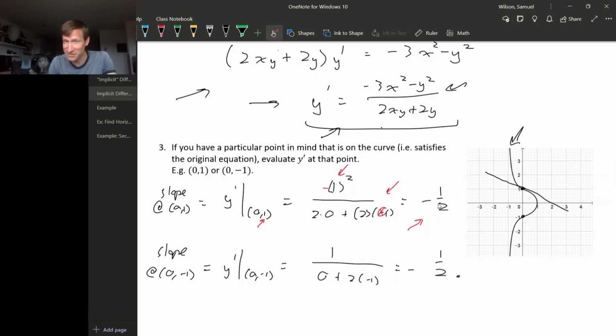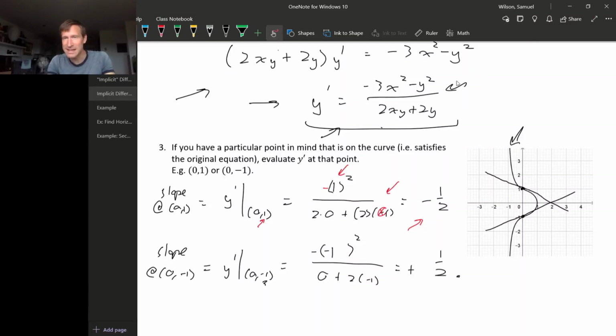So that's still minus 1/2. But, okay, now we're plugging minus 1 into here. That gets squared. So now it's minus 1 over minus 2. So it's plus a half. There we go. And that looks right. Okay, so careful with your algebra, folks.